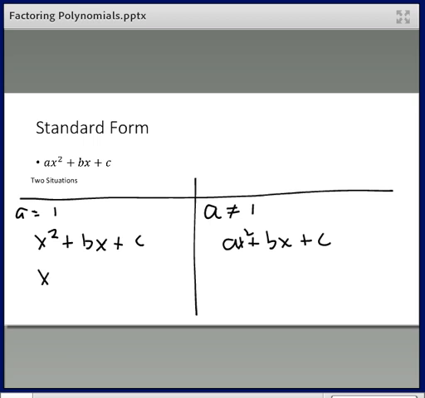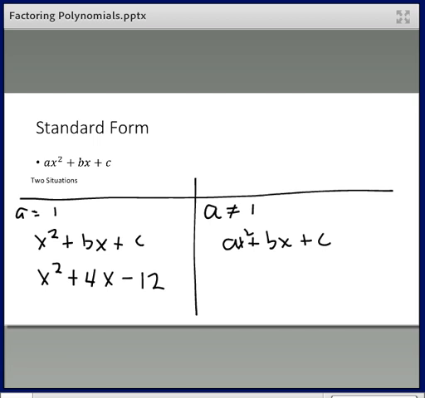A situation over here would be something like x squared plus 4x minus, let's say, 12. I don't know if that factors or not, I'm just making something up real quick so we can move on.